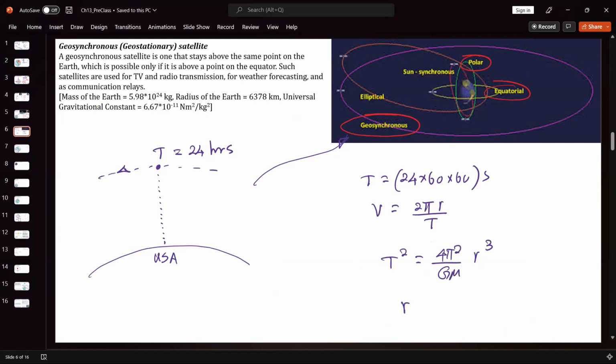If I know the period, I can calculate, if I want a satellite to be geosynchronous, what the radius of that satellite should be. I can calculate that by using this simple equation which we built earlier, which is technically Kepler's third law. Now, if I know G and M, 4 pi squared is a constant, and we know T, in this particular case 24 hours, then we can estimate what this radius should be. But remember that the radius should be measured relative to the Earth's center.